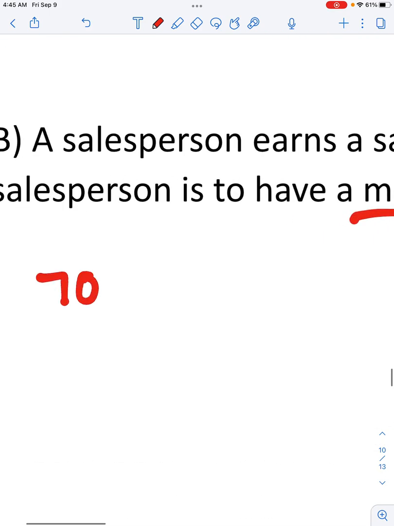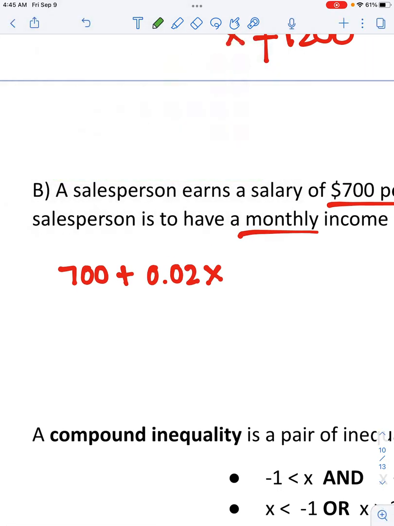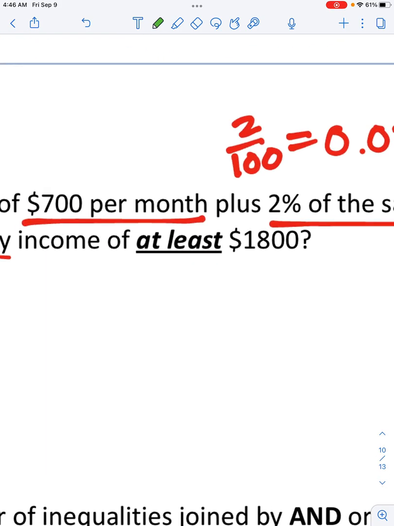So $700 plus that 2% times the number of sales. This would represent the total income or total money that the salesperson is making. And then they want to know how many sales, so what X would have to be in order for this total to be at least 1,800.